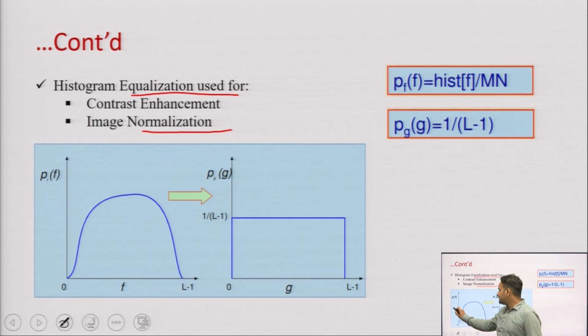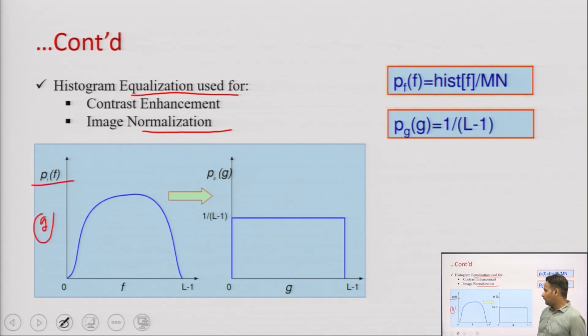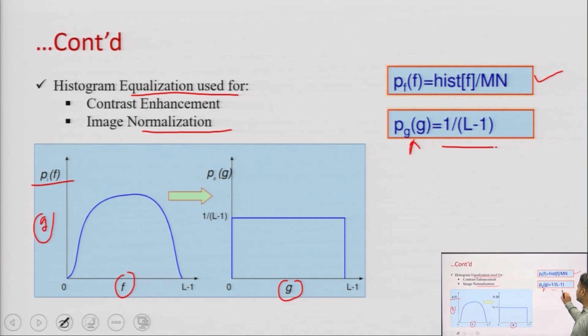If we have the function g with the probability function p_f, and the input image is f, then the diagram gives this kind of situation. The function p_f is nothing but the histogram of f divided by m into n, and p_g(g) will become a straight line. Why is it so? Because we are taking care of this rectangle, so that function is related to 1 upon L minus 1.